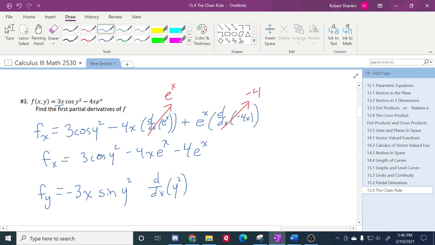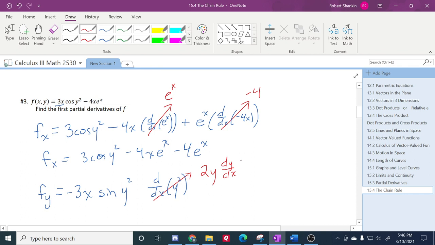Then the derivative of the second term is just 0 because there's no y's. Now when I take this derivative, I get 2y, but this letter and this letter are different letters, so y is some function of x. So we've got to do the chain rule, dy dx, like this.